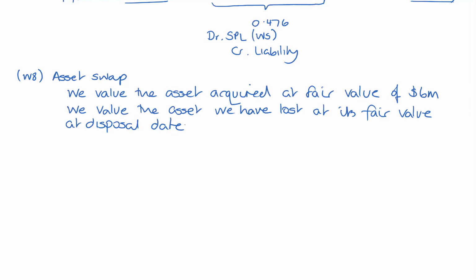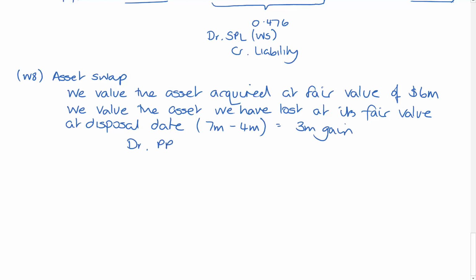So what's happened is that you've given me a factory and I've given you land. And the land that I've given you has got a value of 7 million. But in the accounts, it was valued at 4. So that's a 3 million gain.